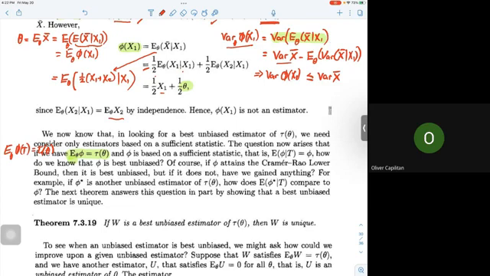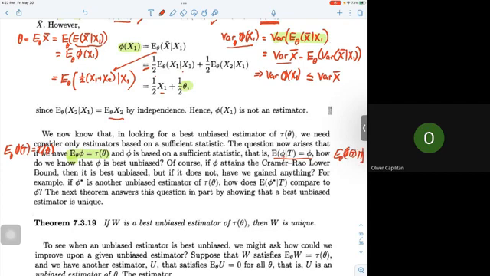Then, the conditional expectation of phi of t given t will just be equal to phi. Itong part na to, sabihin natin yan, the expectation of phi of t given t. Supposedly, ganun yan.